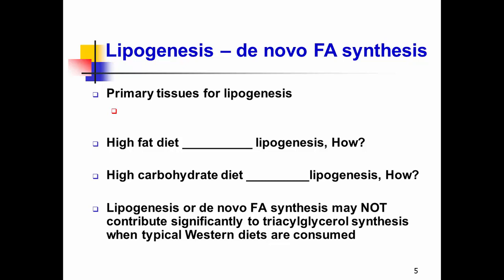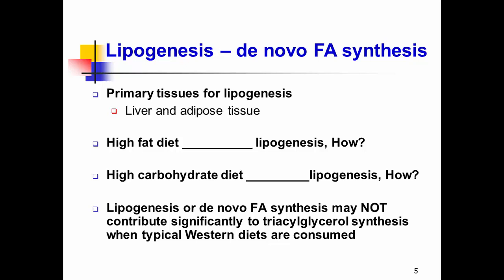Which tissue? Liver, yes, thank you. Liver is the most important site for lipogenesis, for fatty acid synthesis, right? So most of the fatty acid synthesized in the body occurs in the liver. And there are other tissues that can also synthesize fatty acids.